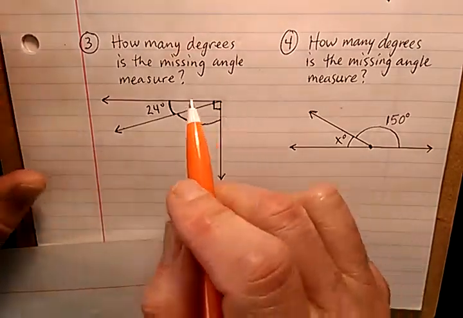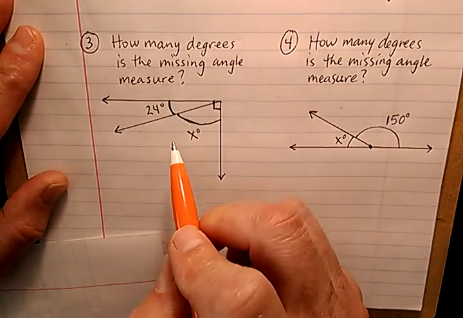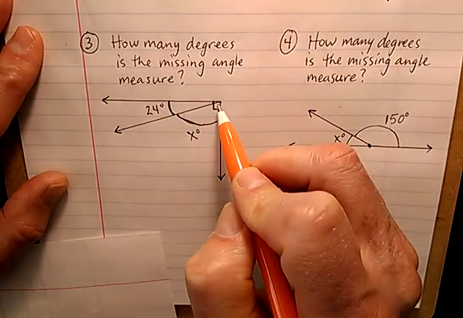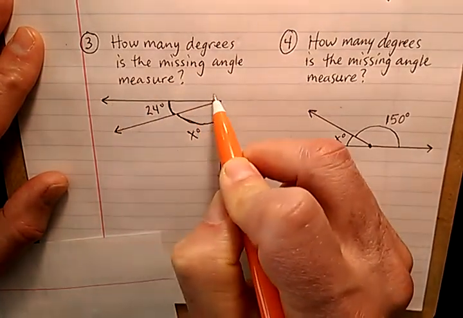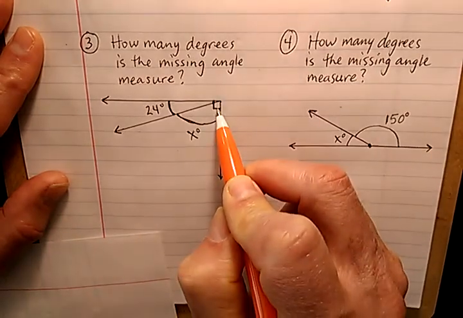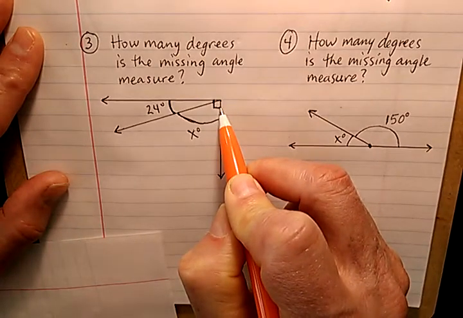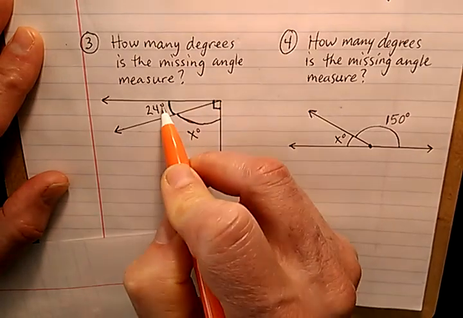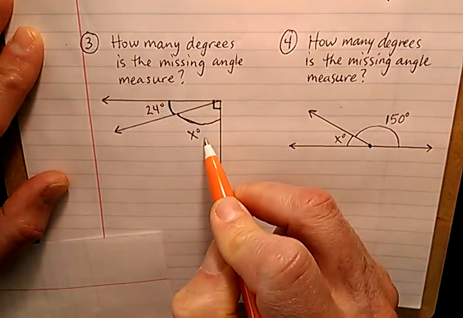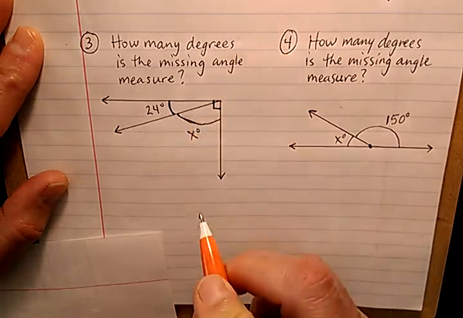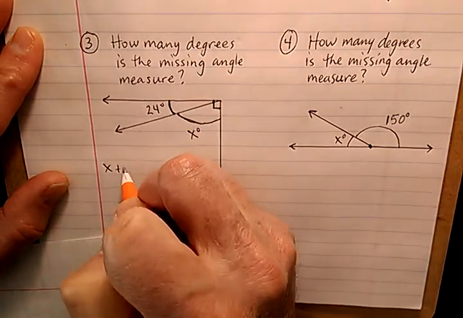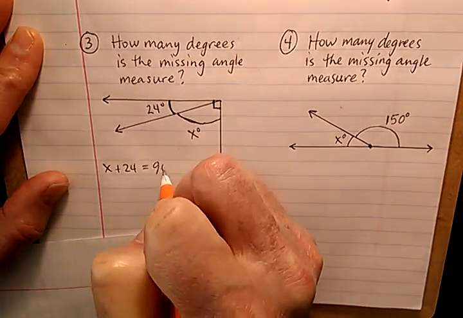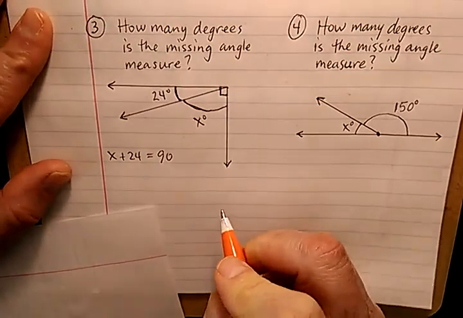Okay, the answers for number 3 and 4. We know that this big angle is a 90-degree angle because of the little box there. So that means these are going to be complementary angles here. The 24 degrees and the x have to be complementary. They add up to 90. So if we do x plus 24 equals 90, we can solve and find out what x is.